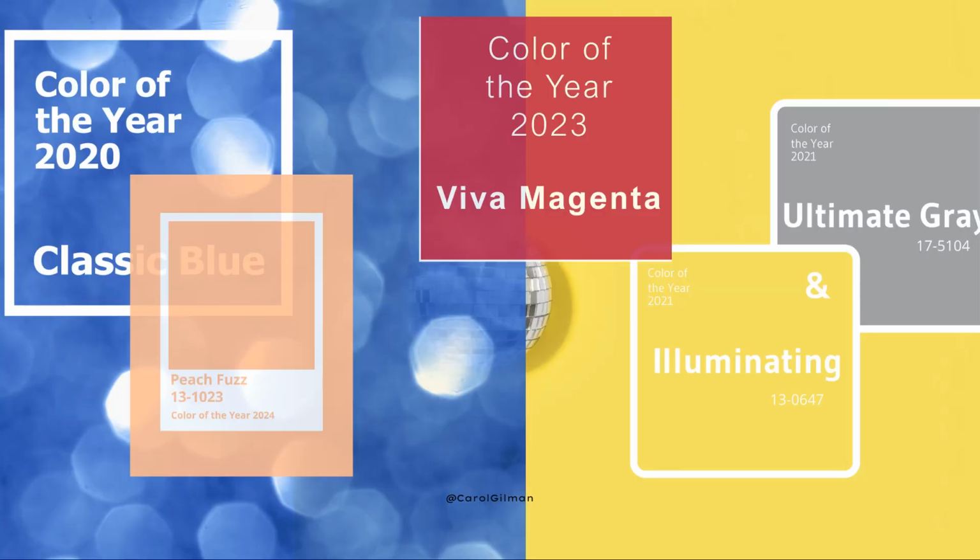This is something they started to do in 1999 to engage the design community, and also to be the one to set the tone and set the trends and forecasts for colors of the year. So you may be familiar seeing that every year where we find out what the color of the year is. And lots of times that's coming from Pantone. There are other companies or even organizations that also develop colors of the year, but Pantone is one of the main ones that we notice every year.